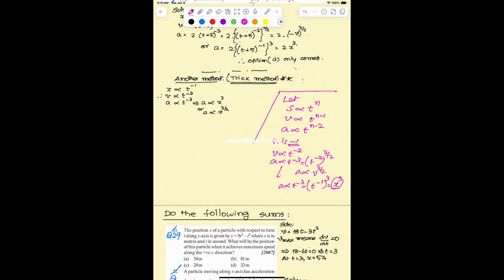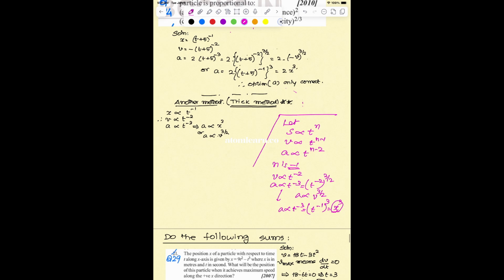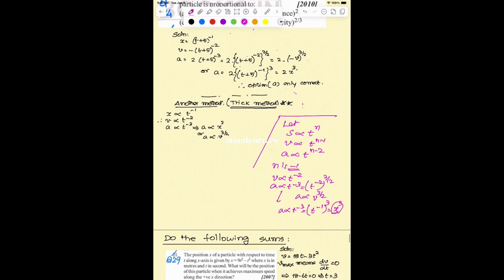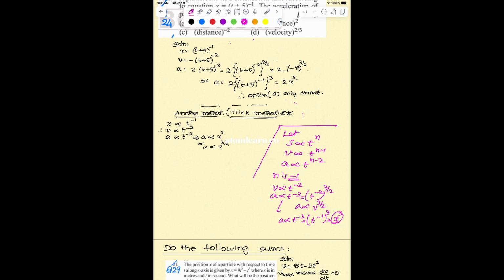Therefore acceleration is found to be either proportional to distance cube, which is not in the options, or velocity power 3 by 2, which is in the options. So this is a method, and as I said, this is a trick. If you want to practice something like this, I can give you some more problems.